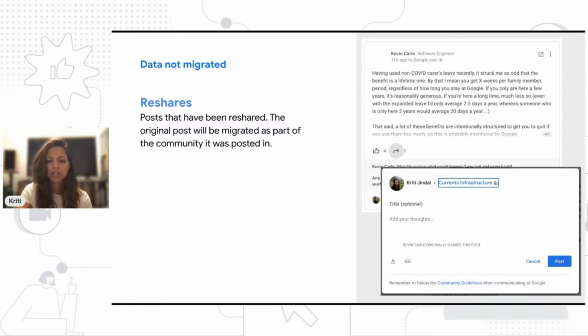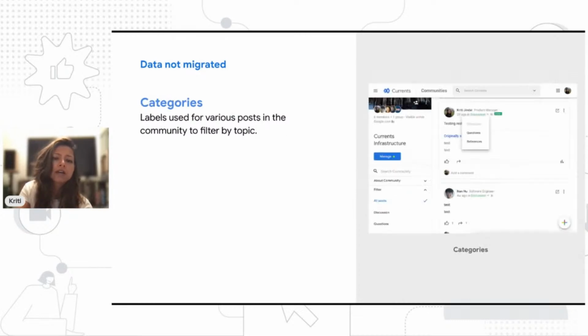It's just the reshared content that won't be migrated over to Spaces. And lastly, Currents supports categories within communities where posts can essentially be categorized under these labels or categories, and these categories are not going to be migrated over to Spaces. So again, all the content or posts will be migrated, but not the categories associated with the posts.